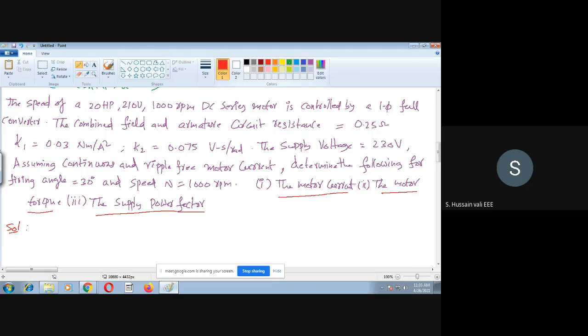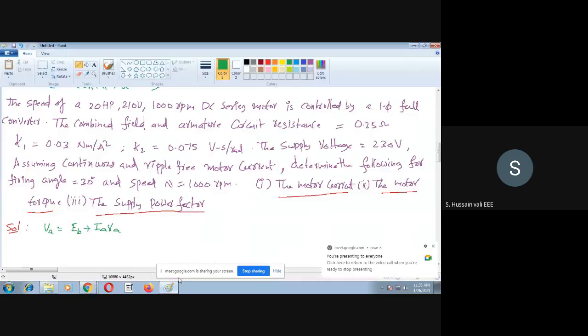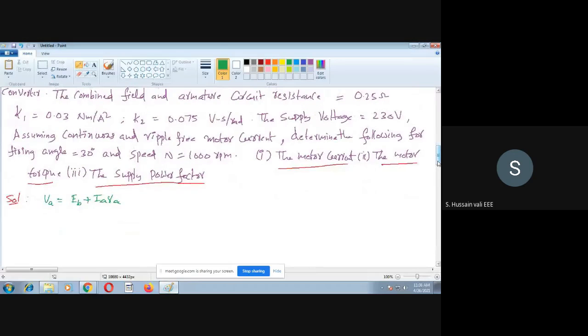Solution: VA is equal to EB plus IA RA. This is one equation in which we will find IA, and there IA is present.